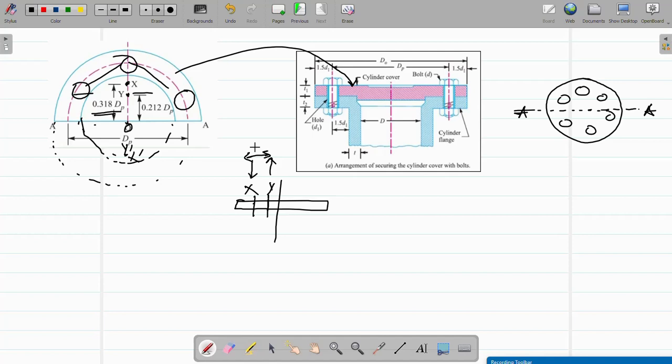I'm again repeating: Y is the center of pressure for the gas on the half plate, and X is the centroid of the bolt pattern on the half plate. Pressure will pull out the plate, or try to apply force outward on the plate, whereas the bolt pattern tries to keep it inward. That is the purpose of the bolts.